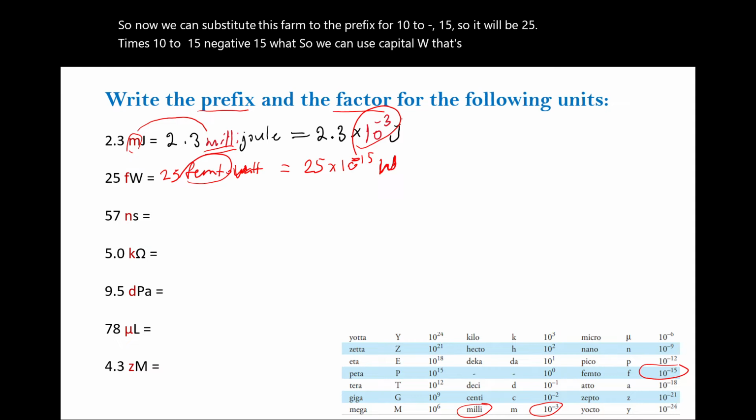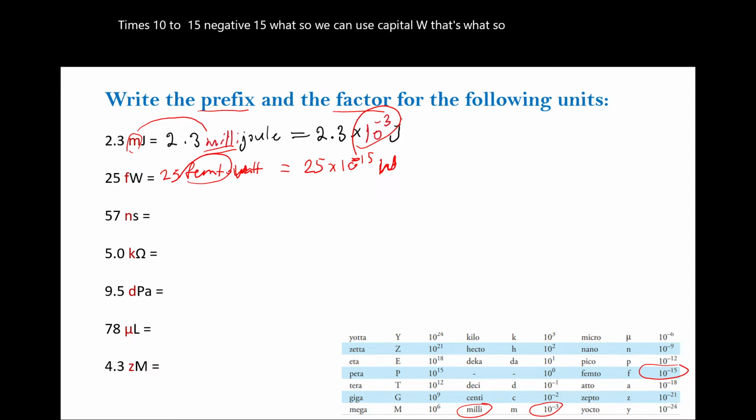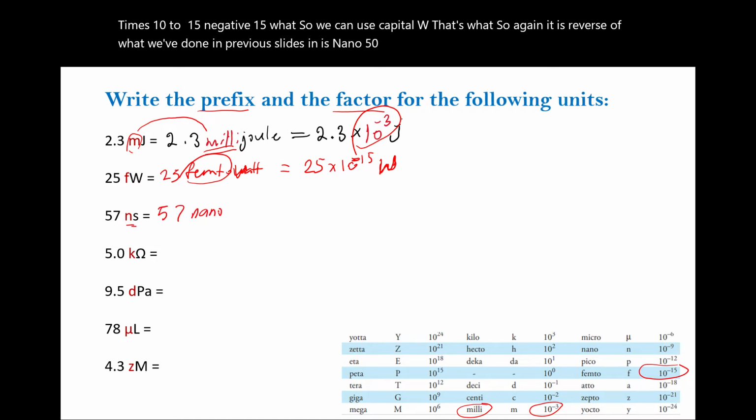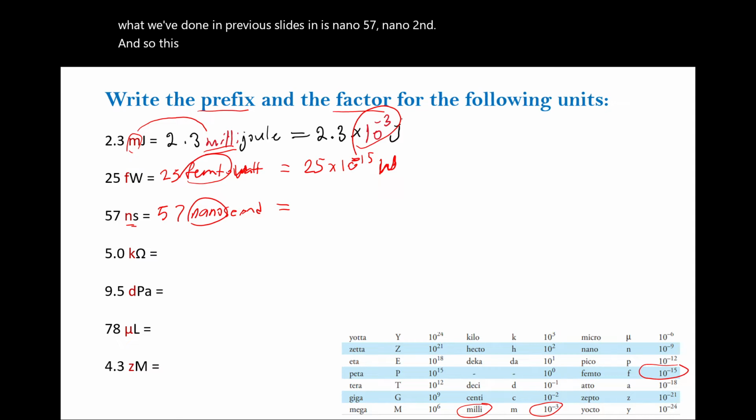So again, it is the reverse of what we've done in previous slides. n is nano, 57 nanosecond. And so this nano can be substituted, as you see here, 57 times 10 to negative 9 seconds.